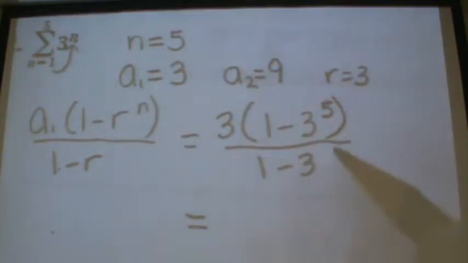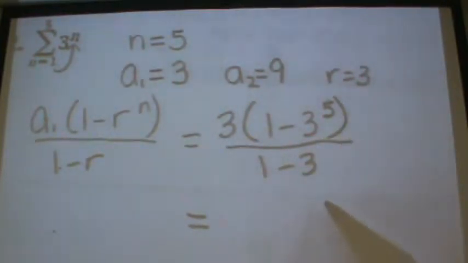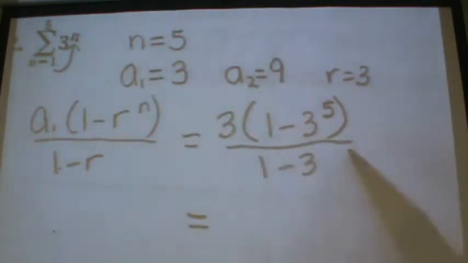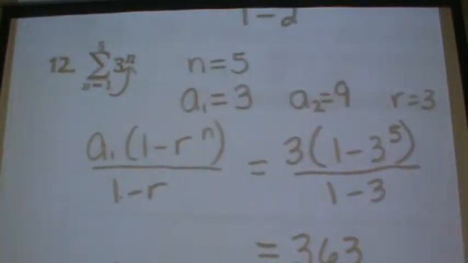If you're having trouble with using the parentheses, you could do it in steps. You could do 3 to the 5th power first, and then do 1 minus that answer, and then do 3 times that answer, and then divide by -2. But does anyone have an answer for me? 363. You are right, it's 363.